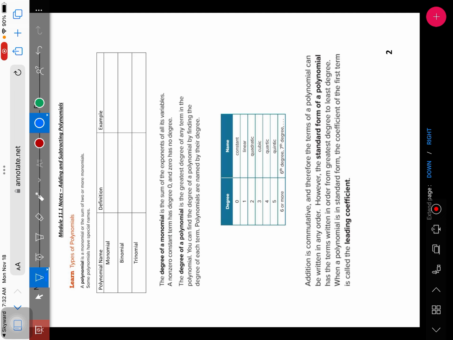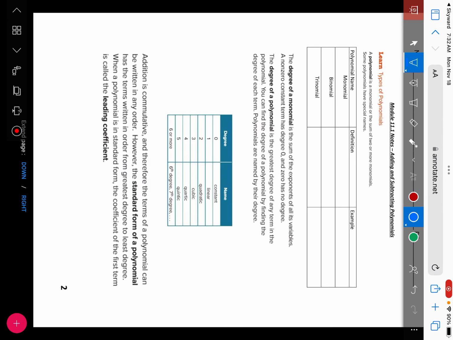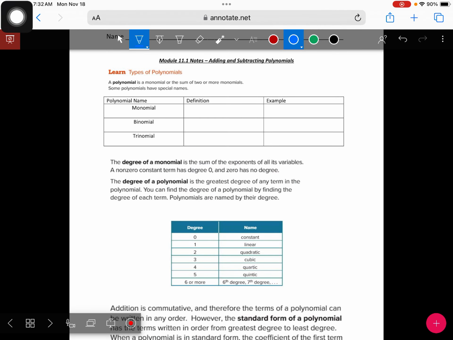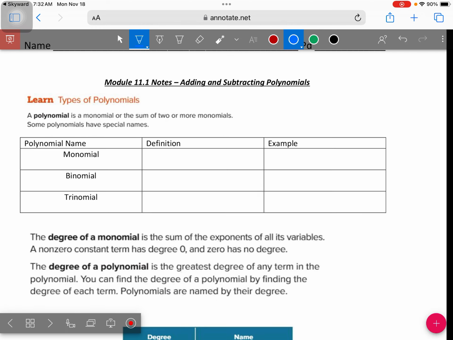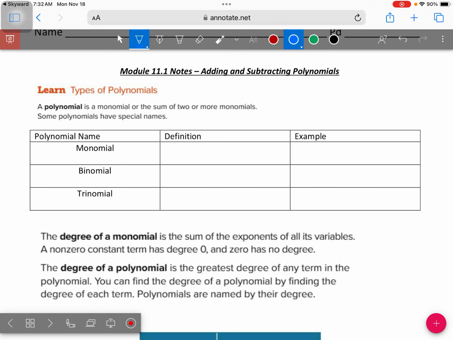So, like I said, when I was asked about polynomials. Poly means many. Polygons are many-sided figures. Polynomials means many monomials, many nomials. Okay?